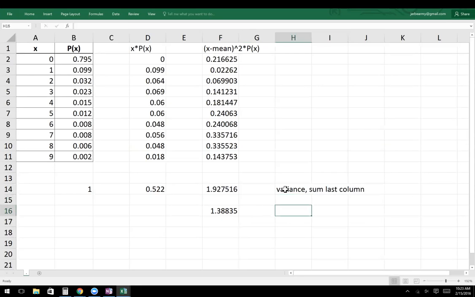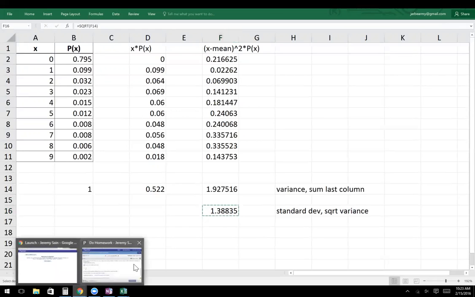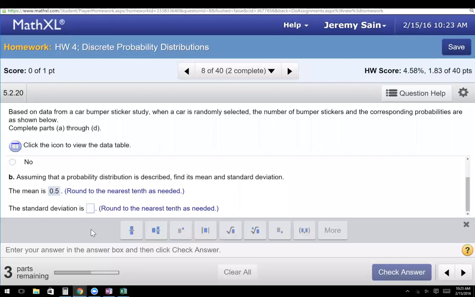And then to get the standard deviation, just square root the variance. All right. And this is also nearest tenth. So it's going to just become 1.4.